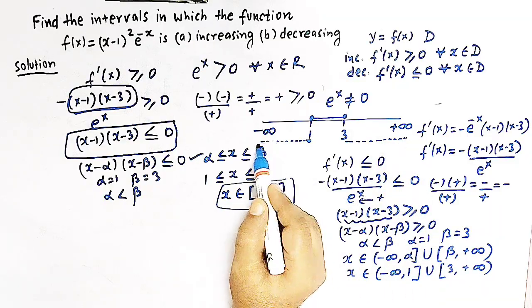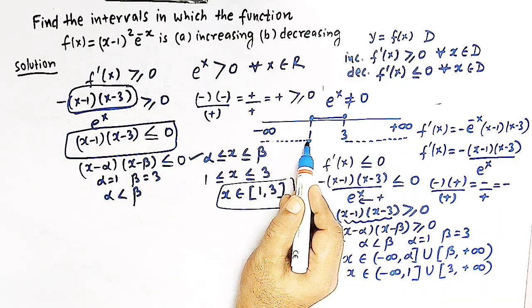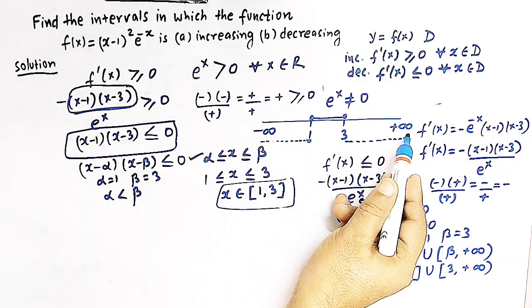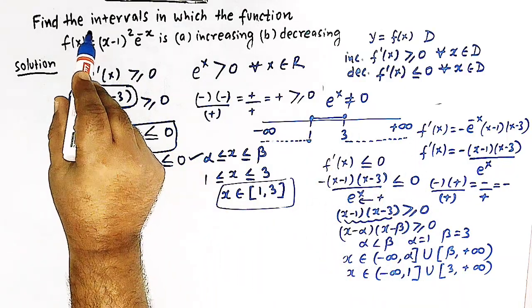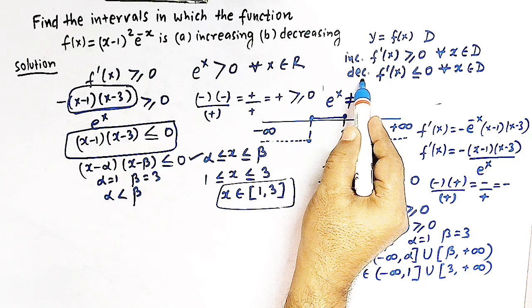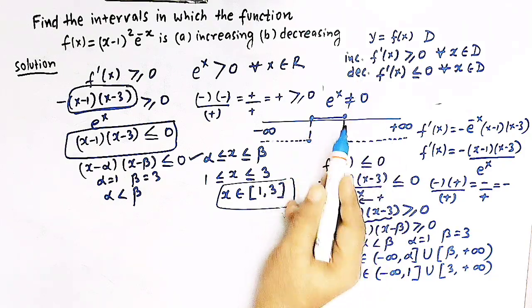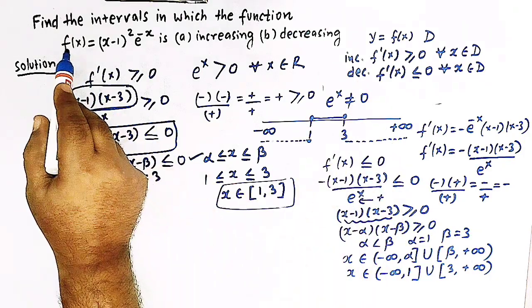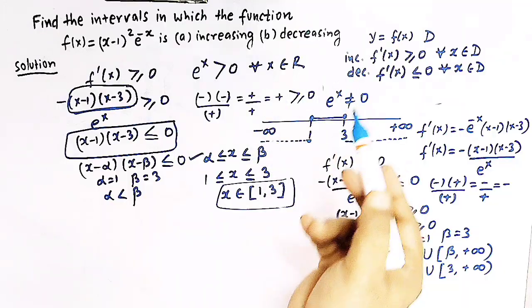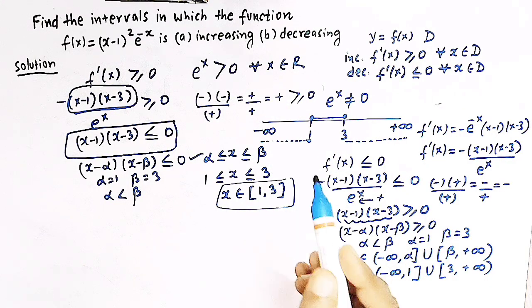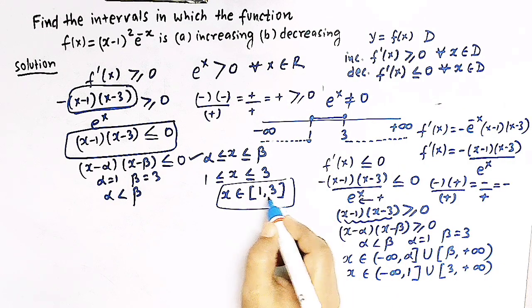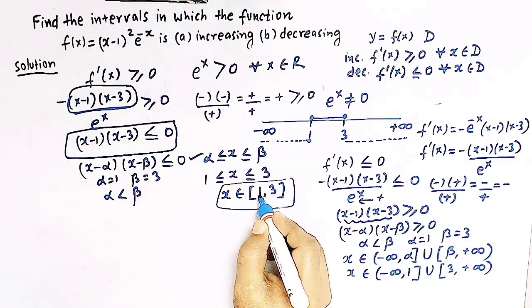So in this interval minus infinity to 1, union 3 to infinity, we have the function as a decreasing function, and from 1 to 3 we have this function as an increasing function. So the required intervals are given by this closed interval 1 to 3.